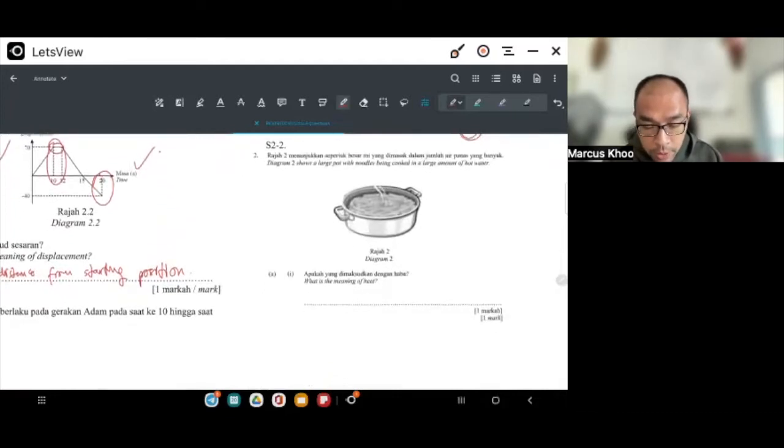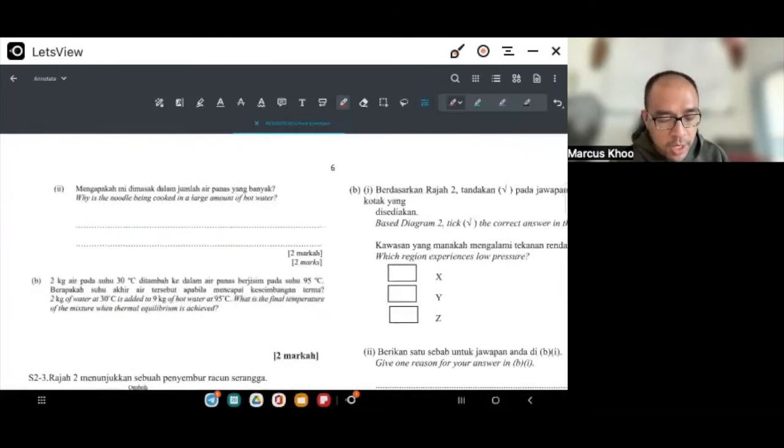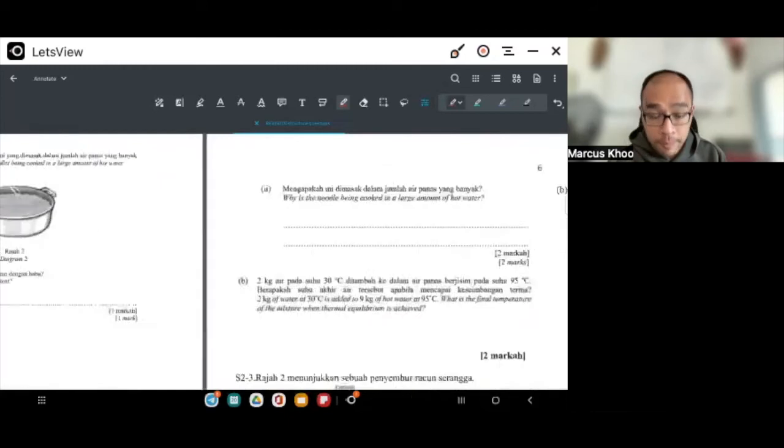This shows a large pot with noodles being cooked in a large amount of hot water. So what is the meaning of heat? We just covered this: it is a form of energy. This is a very funny definition if you think of it. Heat is about energy, but electricity and sound are also forms of energy, right? I guess they ran out of words for this one. Now, why is the noodle being cooked in a large amount of hot water?